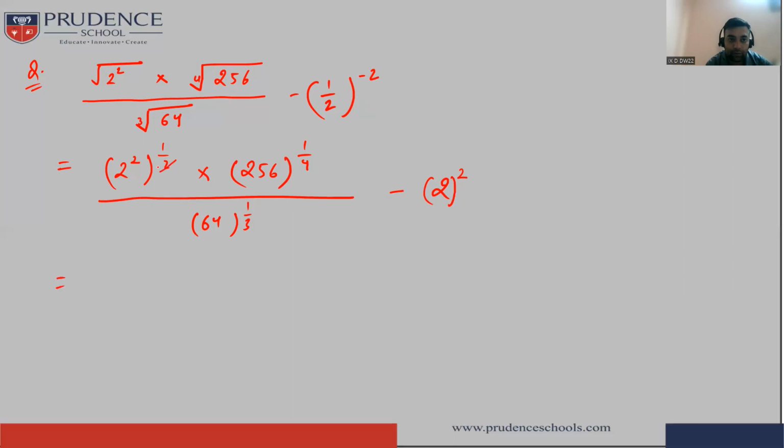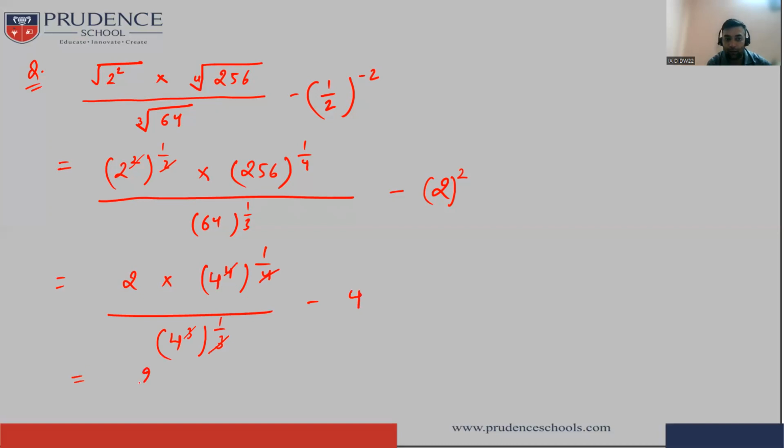Now this 2 will cancel out each other, so 2 raised to power 1 is 2. Then 256 is 4 raised to power 4, whole raised to power 1 by 4. So 4 and 4 will cancel out each other, and similarly 4 raised to power 3 is 64. So this 3 also will cancel out each other, and this will be 4.